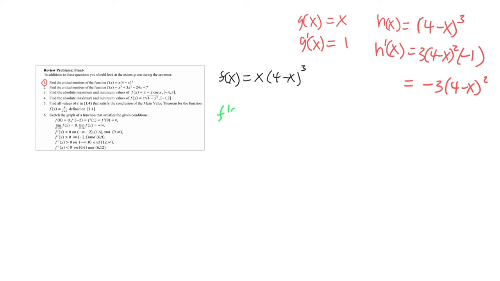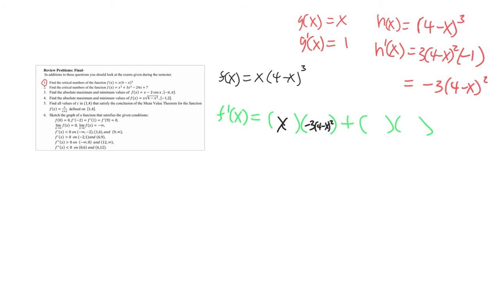And since we're using the product rule, that would be parentheses like this. And we would put the original thing here. We could say x right there. And then we're going to take the derivative of the next one. We already found the derivative of the next function, h of x. It's this, so it's going to be negative 3 times (4 minus x) squared.